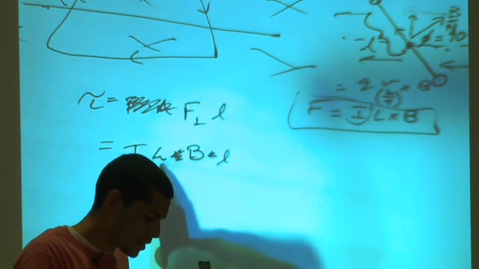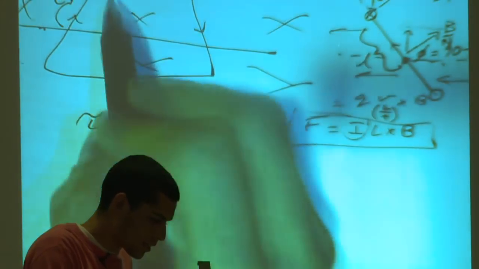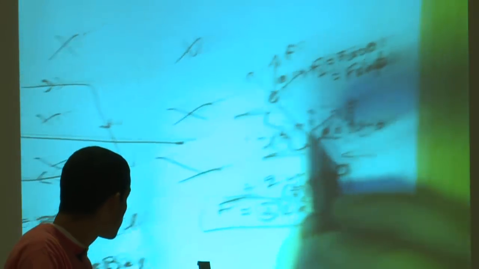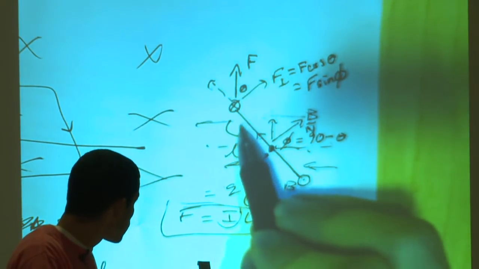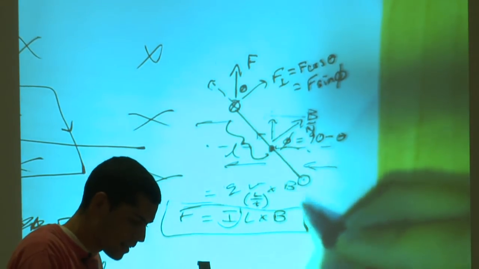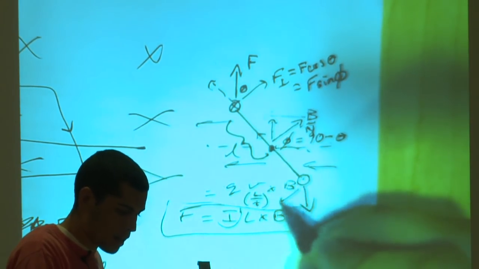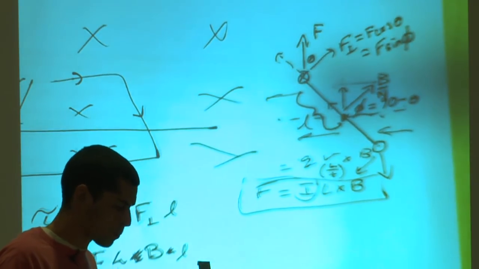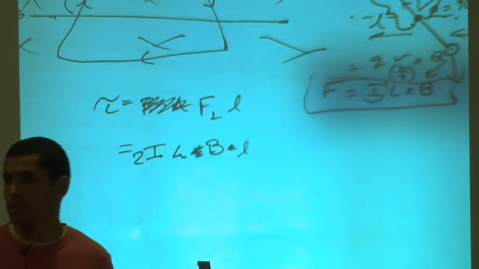But if we notice here, length, this will be the torque. I'm sorry, let's just go back real quick. This will be the torque for half, but the same thing is happening in the bottom, but in the opposite direction, right? So we can multiply this equation by 2. Does everyone see that?